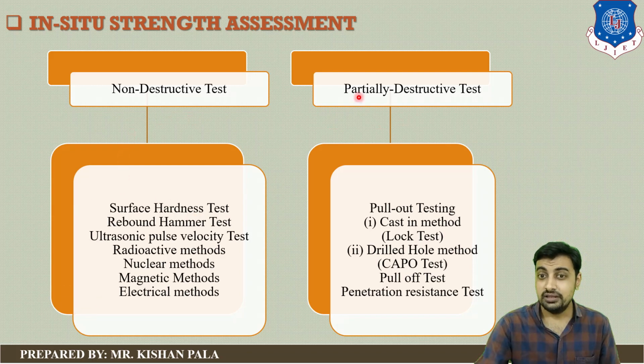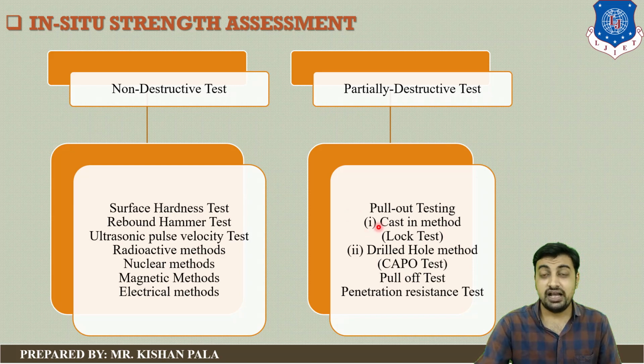If we talk about the partially destructive tests, this includes the pull-out test, the second one is the pull-off test, and the third one is the penetration resistance test. The pull-out testing machine is classified into two methods.